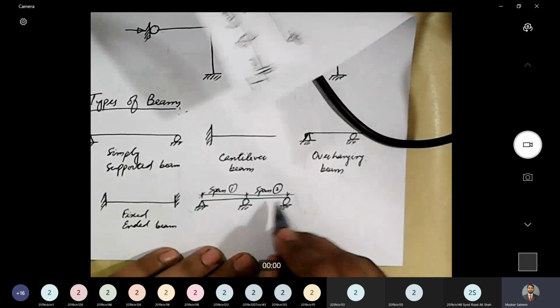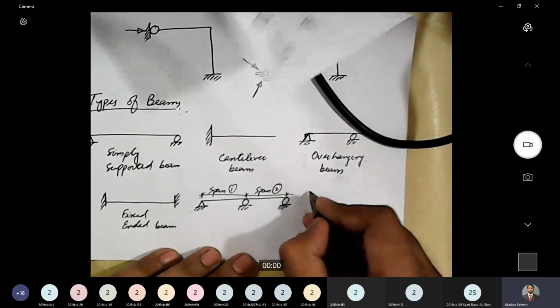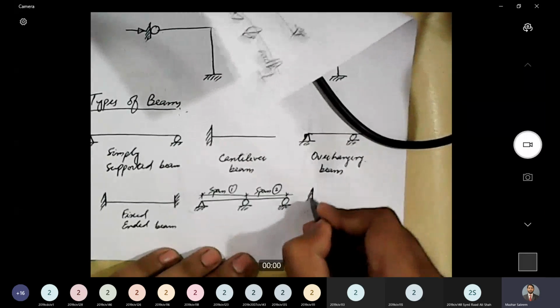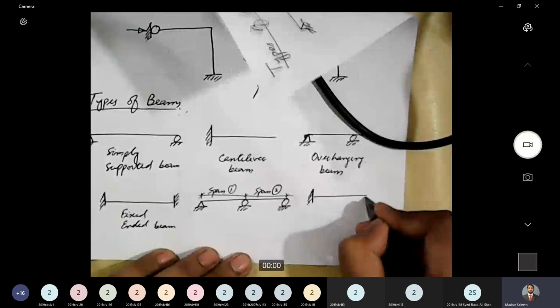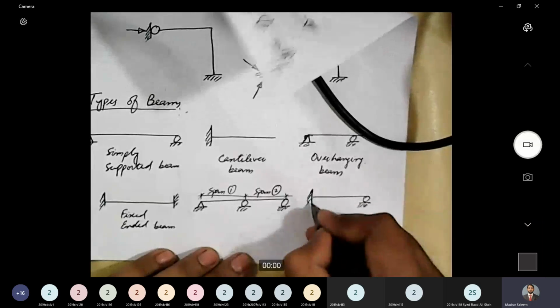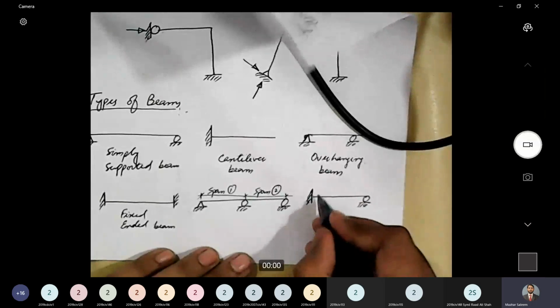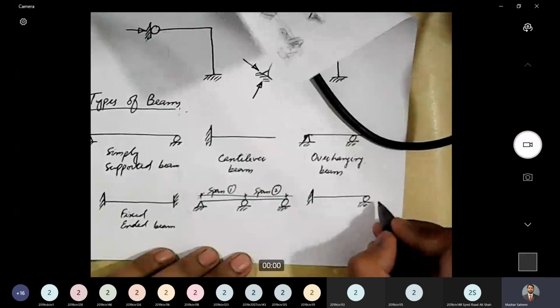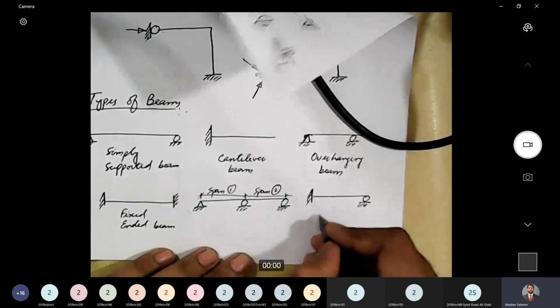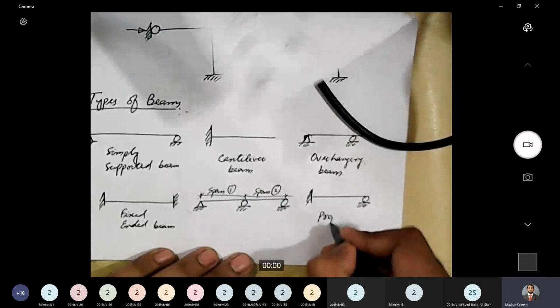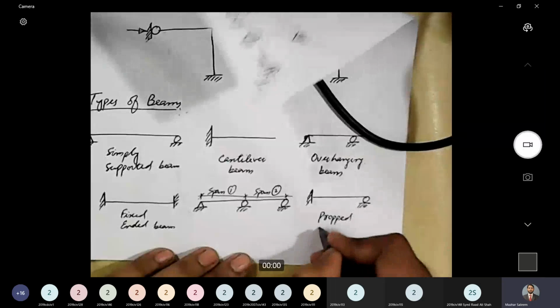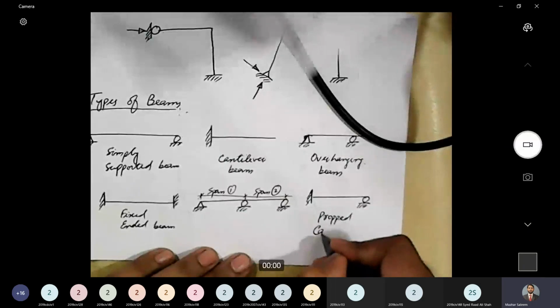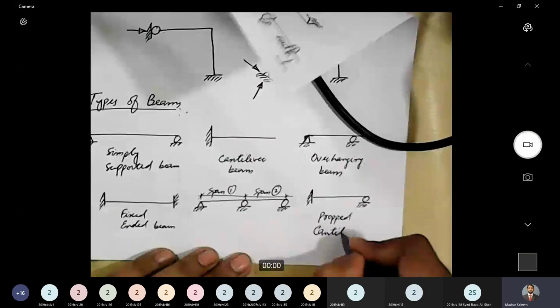Okay, the last example is a propped cantilever beam. This type of beam, which has a fixed support on one end and a roller support at the other end, is termed as a propped cantilever beam.